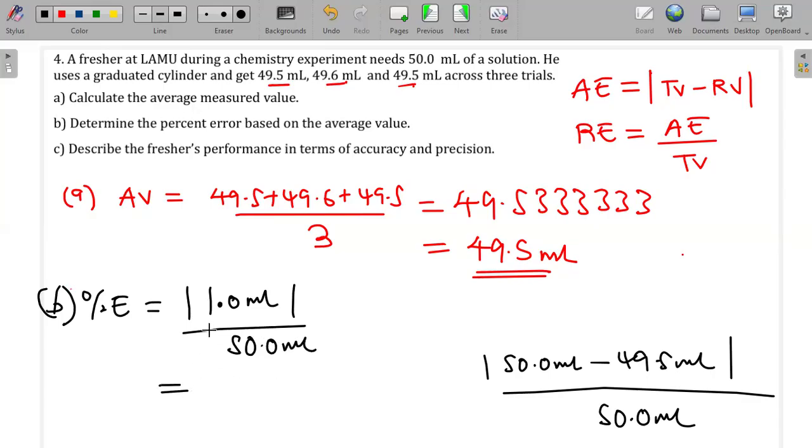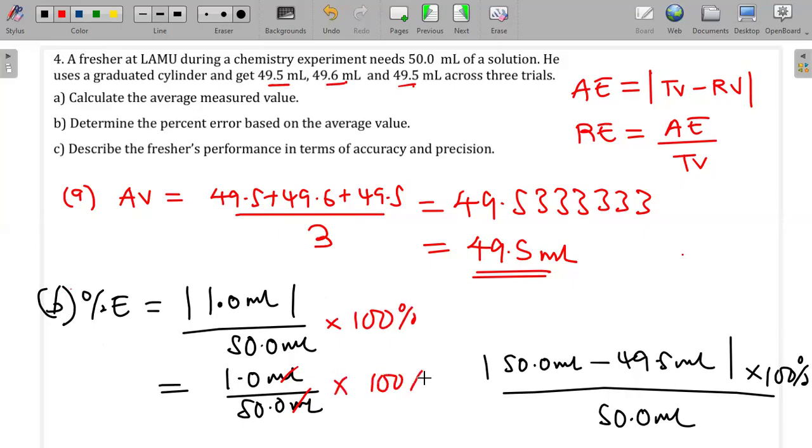Oh, I forgot the 100 here, so multiply by 100% because we are finding the percentage error. You can see that the milliliters cancel out.